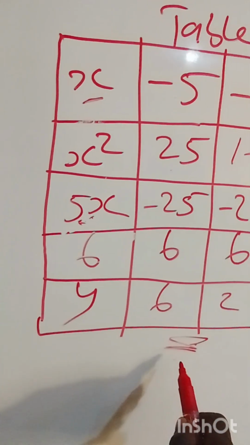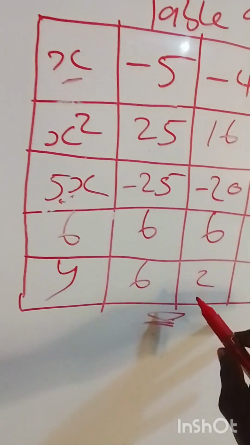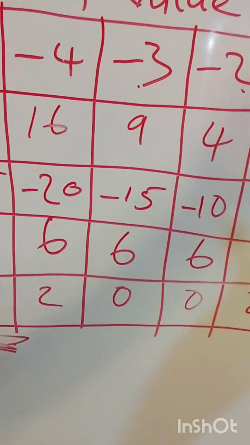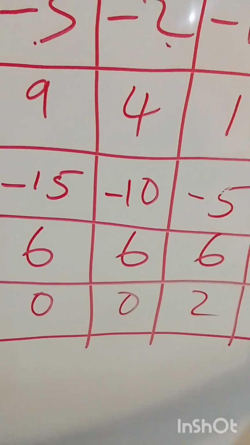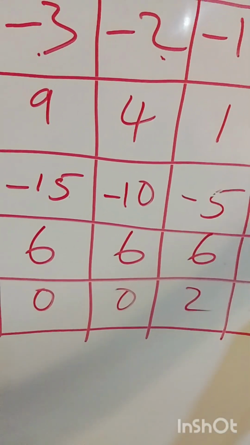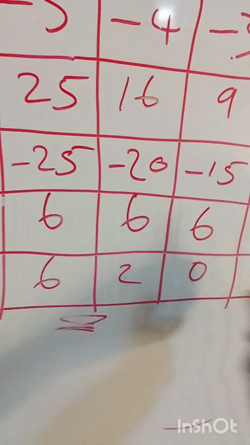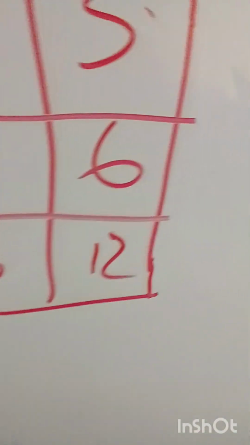When you have gotten your tables of value correctly, the next thing you will do is go into the graph, and what you will need in plotting the graph is all inside this given table.